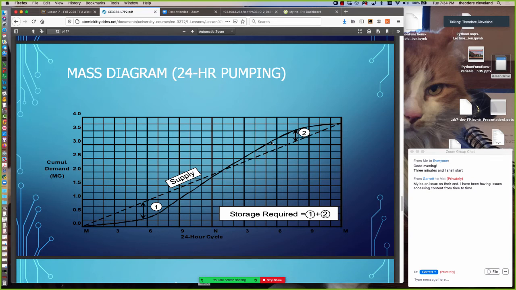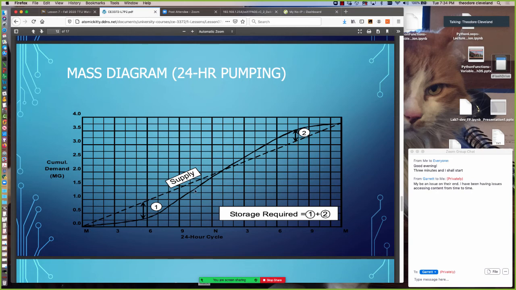So in the case of the afternoon, we would need to draw from storage. In the case of the morning here, we'd be adding to storage. And so the design guideline is to take the maximum deviation when supply is bigger than demand, and the maximum deviation when demand is bigger than supply. Add those two together, and if we build a storage tank that has that volume, then it should never run dry.